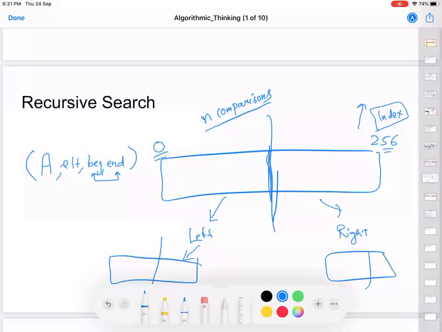So what I'm going to do is, I'm going to pass this entire array to two people, but one person I'll ask him to search from 0 to 128, and the other one will be searching it from 129 to 256. Similarly, this person will divide it into two halves, ask the first person to do it from 0 to 64, the other one to do it from 65 to 128, so on and so forth. So that's how you do a recursive search.